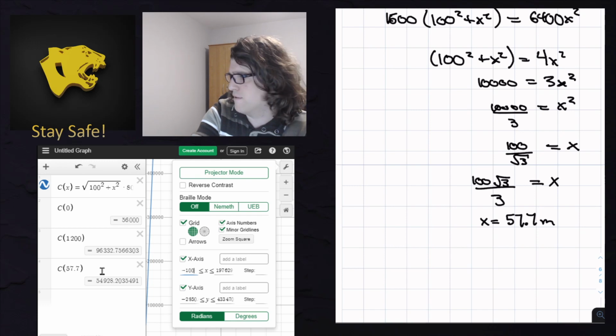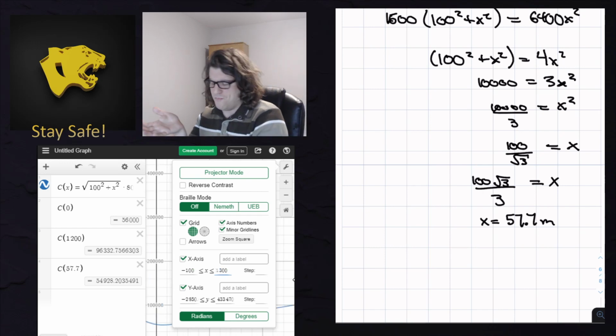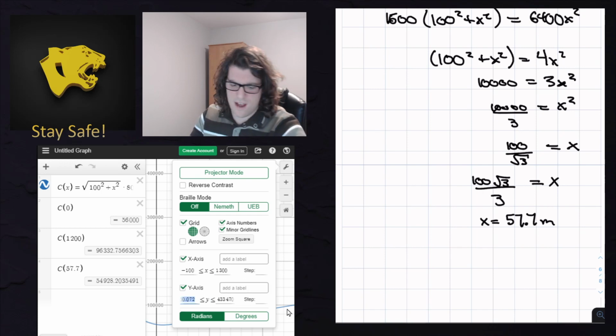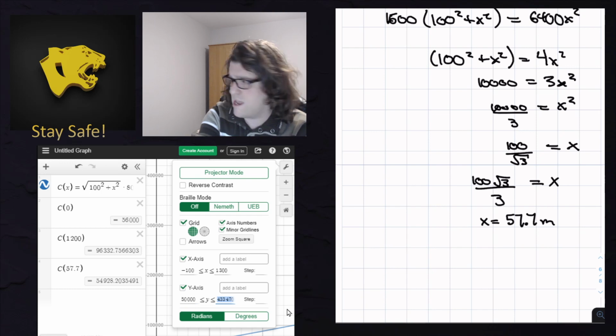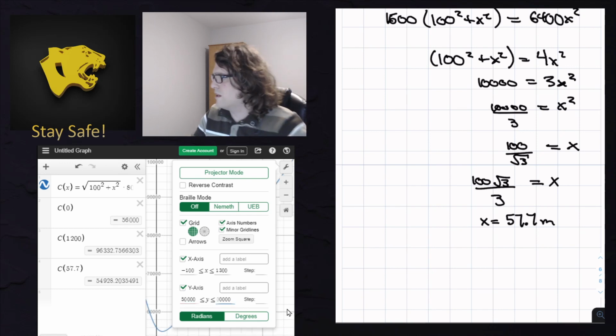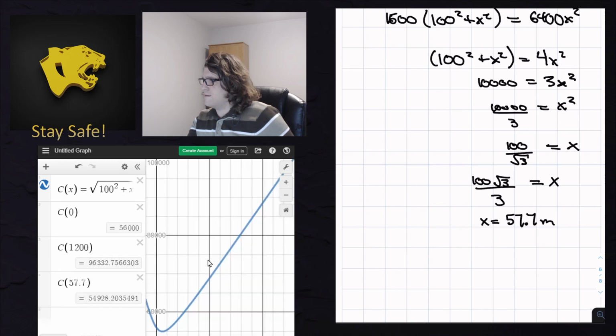So I'm going to put negative 100 just to give it a little bit of room on that side, and 1300 again just to give it a boundary on the other side. We know that the costs seem to be somewhere between like 50,000 and maybe 100,000, because we had 90 something. So 50 and 100. All right, so that is a much nicer graph to look at.